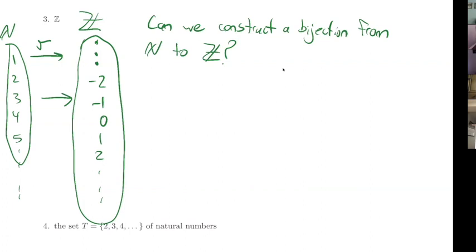So we want to make sure that we're mapping only to things in the integers. Not a bad idea. And it also has to be a function, so you want to be careful. I can't say, let's take 1 and map it to +1 and -1 at the same time. Each thing only can go to one element.